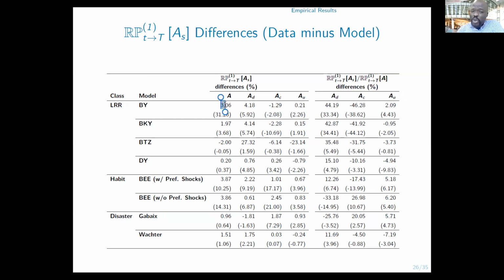This is the difference between the data-implied and the model in Bansal and Yaron. This represents the difference between the downside part in the model and the data. In this part of the table, we compute similar results using the contribution and not the level. This table is here to highlight the difference between the model and the data. We did it for the long-run risk model, for habit formation, and for the disaster risk model, and we get a significant result.